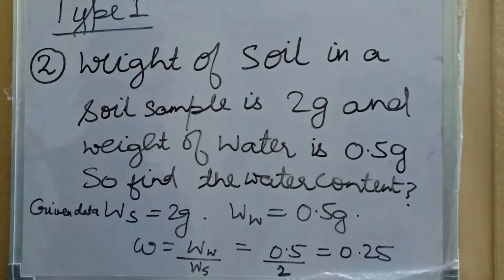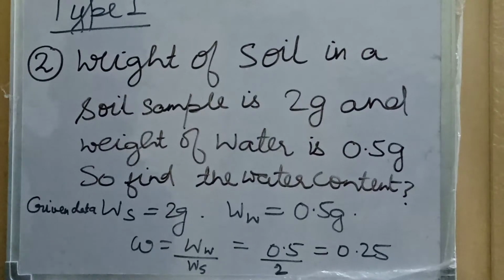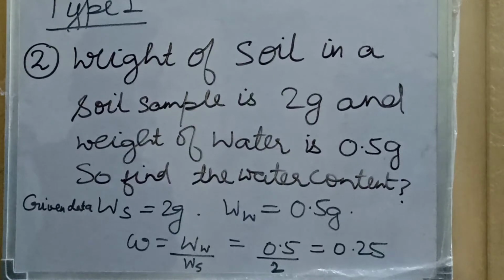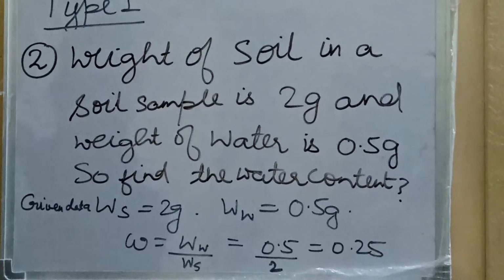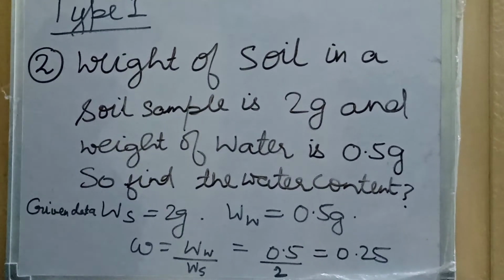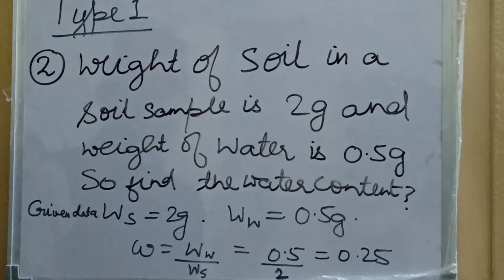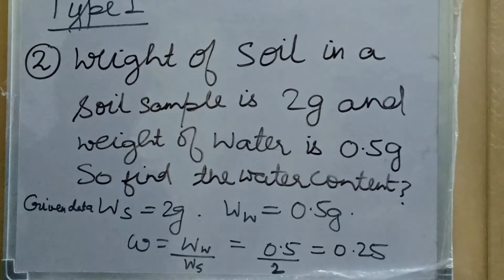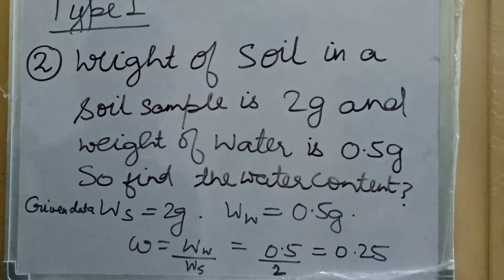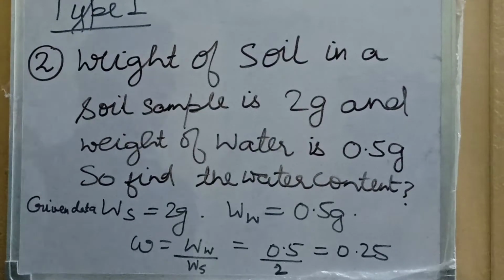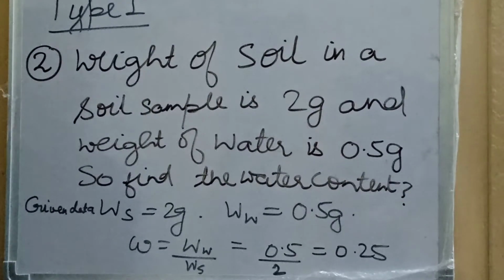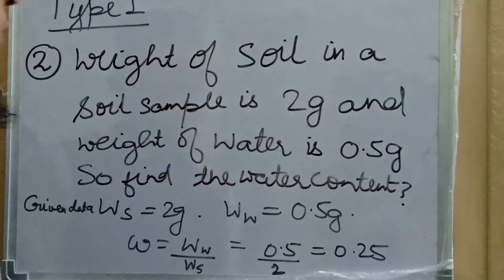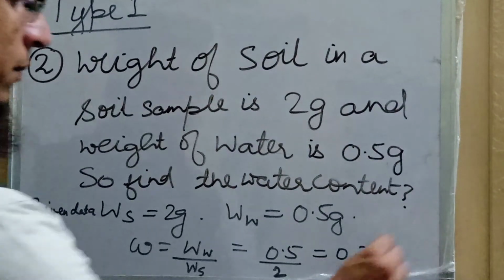Again the water content is dimensionless, and because both the weights are in gram, they will cancel out. In this way, simple formula based numericals are under the category of type 1 numericals. We can have multiple numericals of this category by simply changing the values, weight of water or volume of water, and we can solve these problems simply based on the formulas.